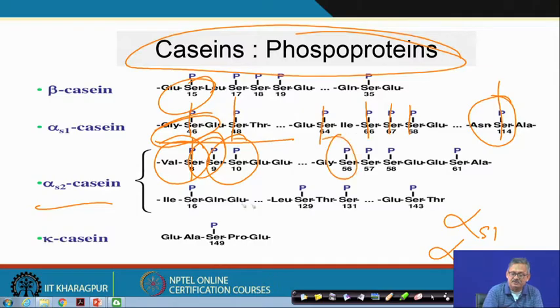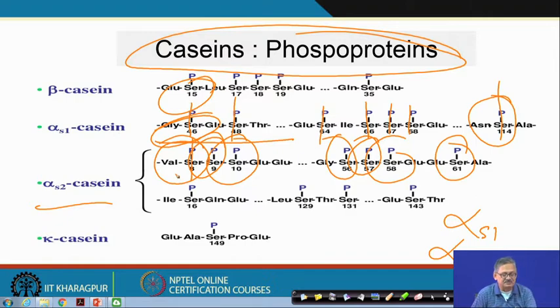So, up to 61, 56, so many. Because of that, this alpha S2 has a lot more hydrophilic nature than that of the alpha S1, because of the presence of the phosphate groups, right.